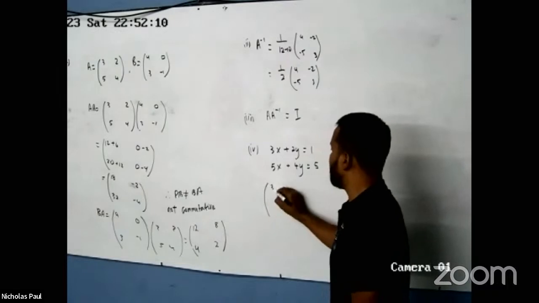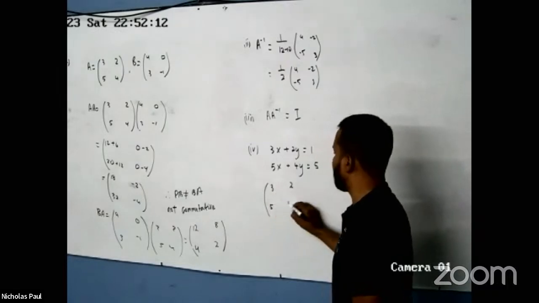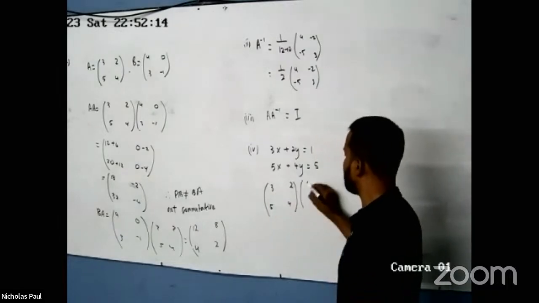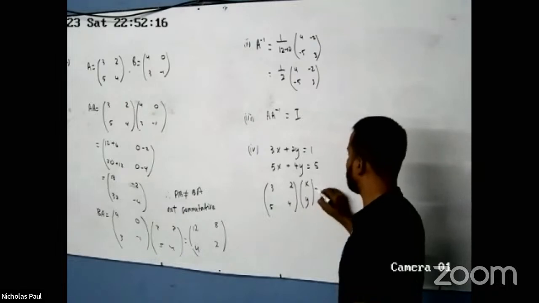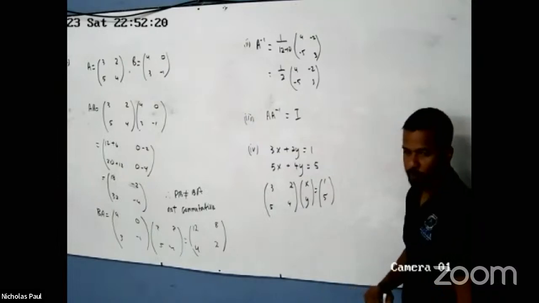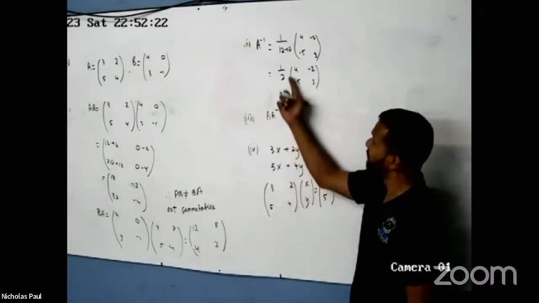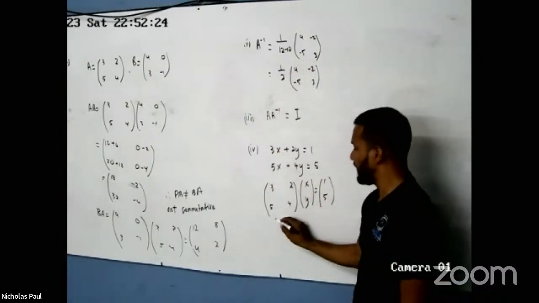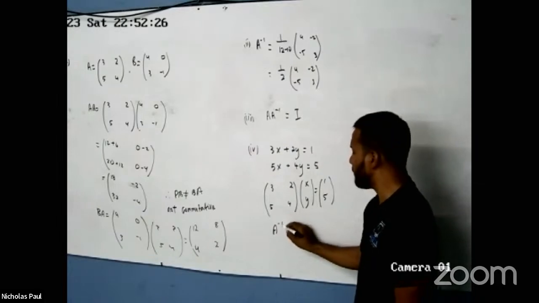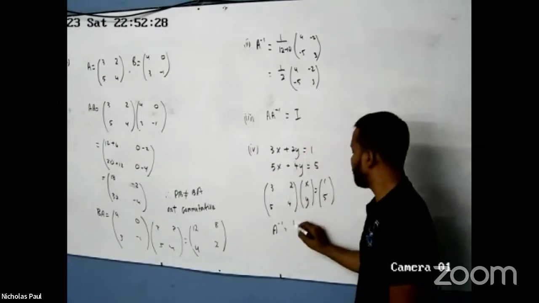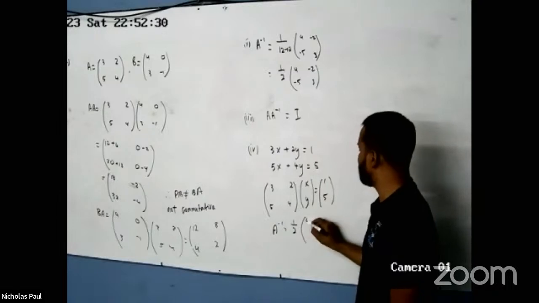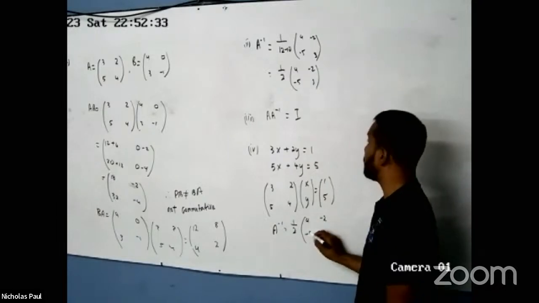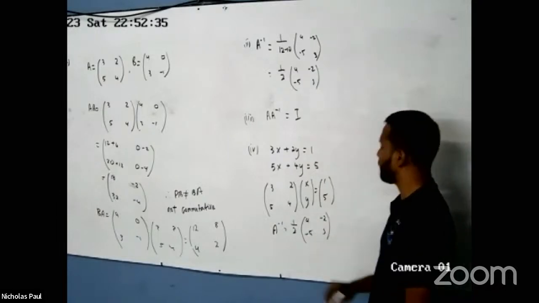So therefore it will be 3, 2, 5, 4 by xy is equal to 1, 5. Okay? This is A. So we already have A inverse. A inverse is 1 over 2 by 4, minus 2, minus 5, 3.